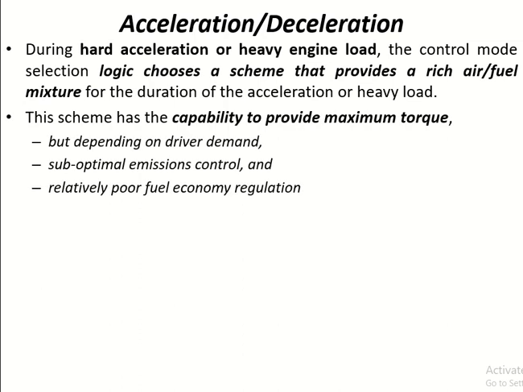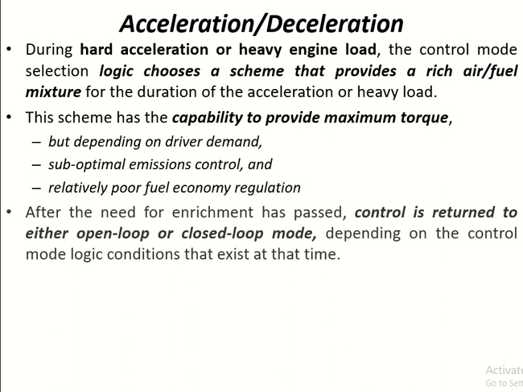This scheme has the capability to provide maximum torque, but depending upon driver demand, suboptimal emissions control, and relatively poor fuel economy regulation. After the need for enrichment has passed, control is returned to either open loop or closed loop mode depending on the control mode logic conditions that exist at that time.